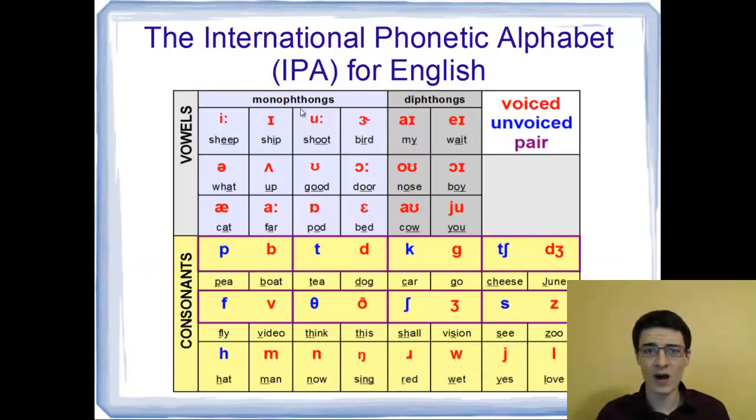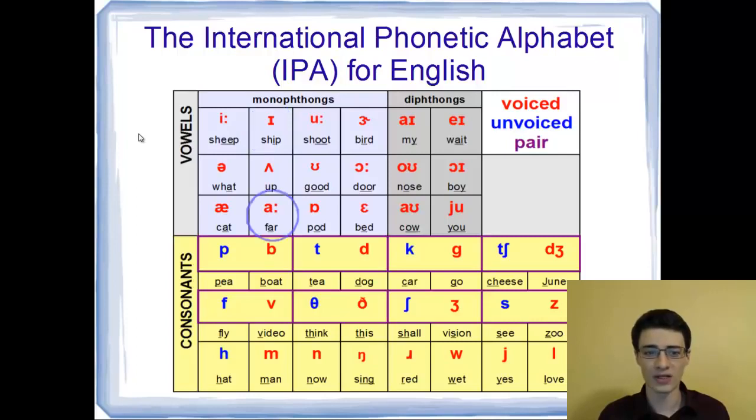Up here we have vowels. There are monophthongs, which are one sound, and diphthongs, which are 2 sounds put together. Mono means one, and di means 2. Our first monophthong is I, as in ship.